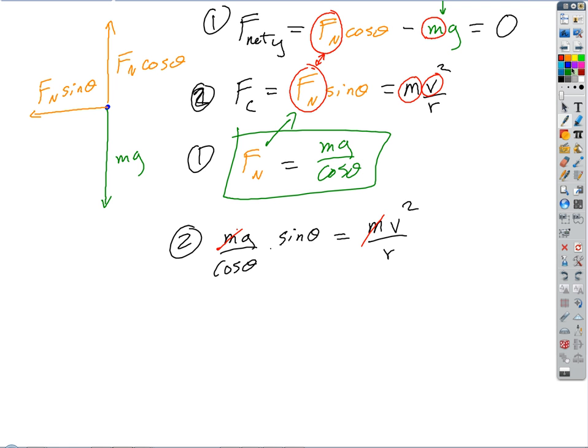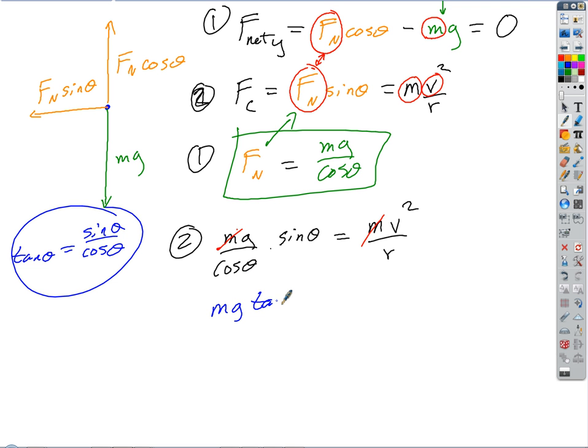In trig, tangent theta is defined as sine theta over cosine theta. So m times g times sine theta divided by cosine theta is the very same thing as mg tangent theta, and then it's just one thing to do on your calculator instead of two.